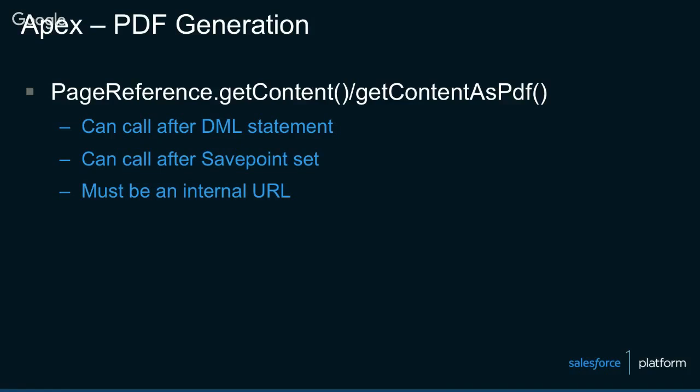So what Tom is referring to is one use case you might have for creating a PDF. You might have some sort of page where your process is you save some data that's inputted on the page, and then you immediately want to create a PDF. So you take the input from the page, save it, and then call page reference getContent, and you pass in the ID of whatever you were saving.